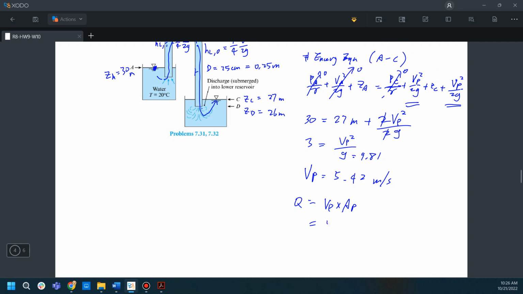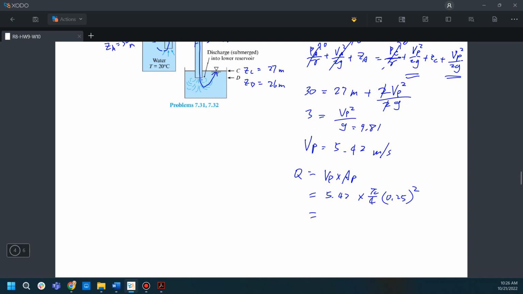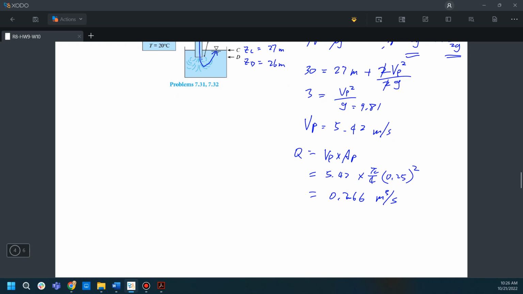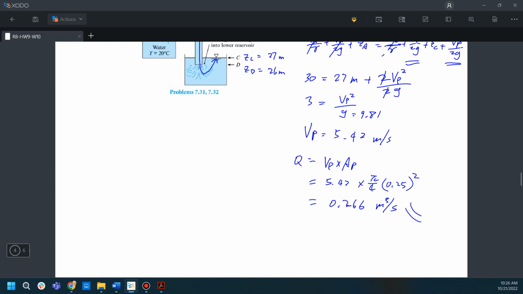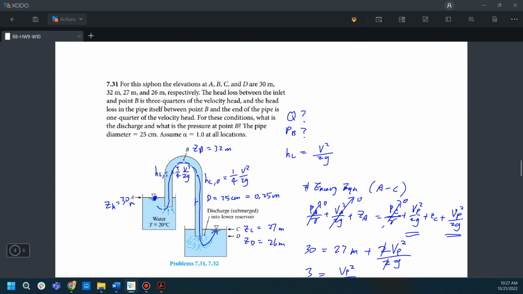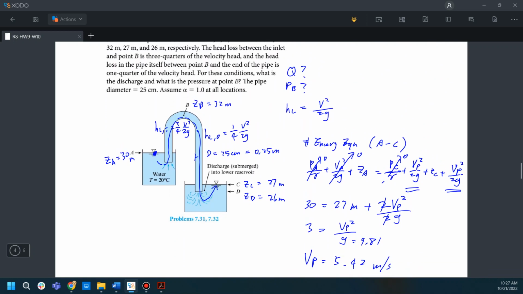And we know the velocity, and we know the diameter of the pipe is 0.25, and this gives us a discharge equal to 0.266 cubic meters per second. Okay, so this is the first item that we try to solve.